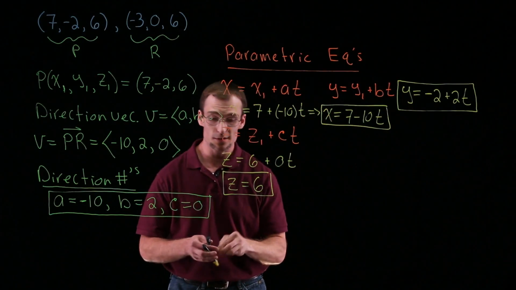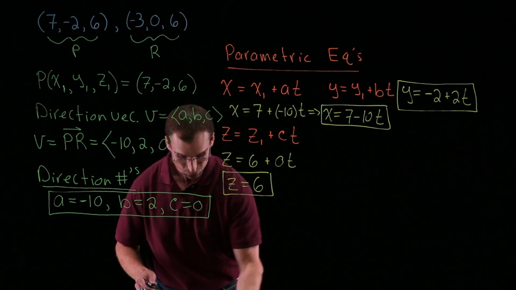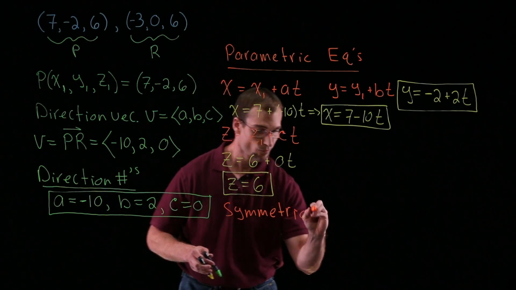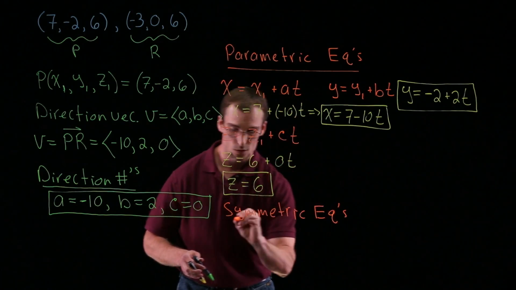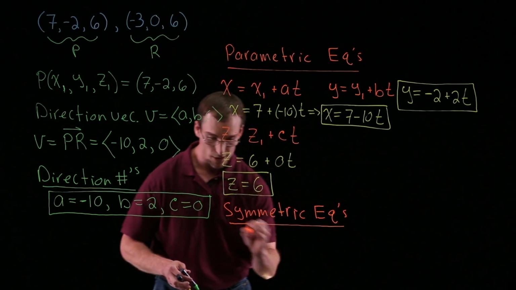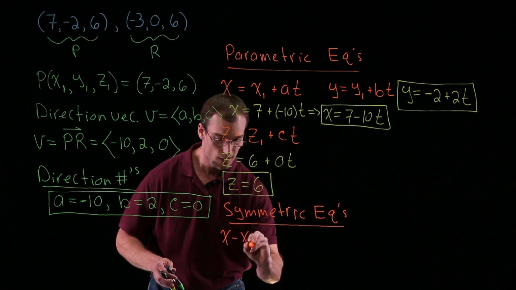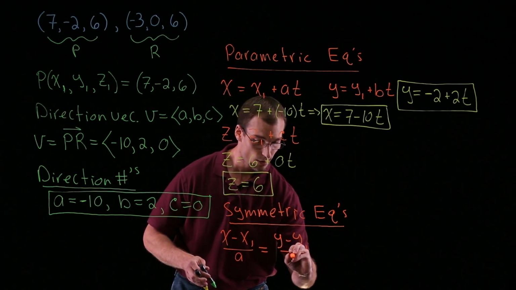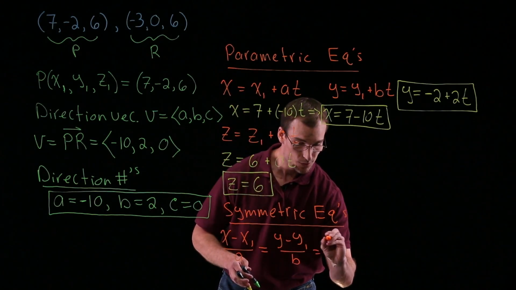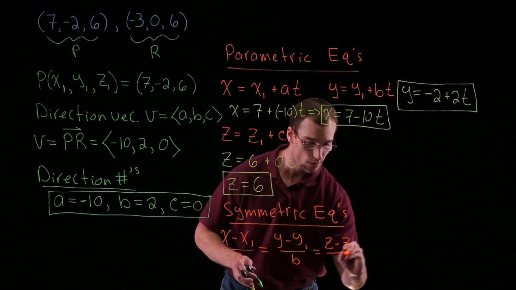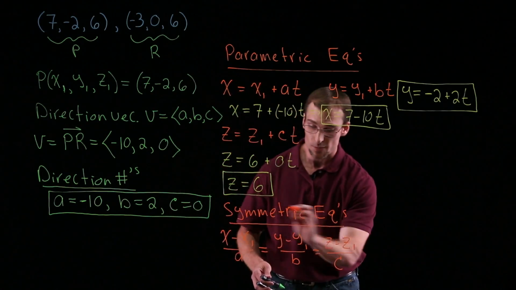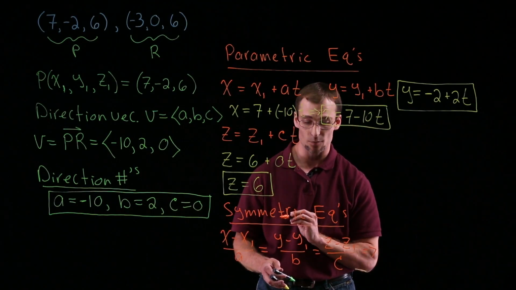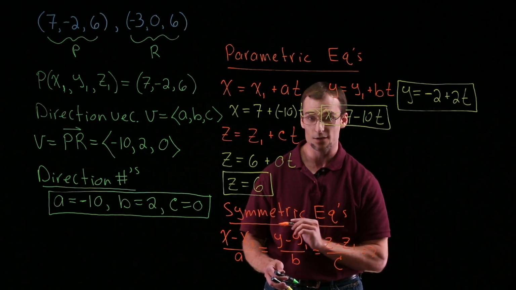And the last thing we want to do is find the set of symmetric equations. So our symmetric equations are given as (x minus x1) over a equal to (y minus y1) over b equal to (z minus z1) over c. We're going to see from this that we're actually not going to be able to find the set of symmetric equations, namely because our value c is equal to 0.